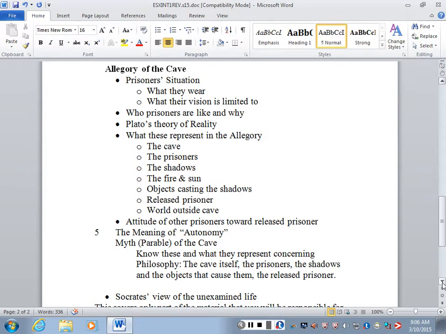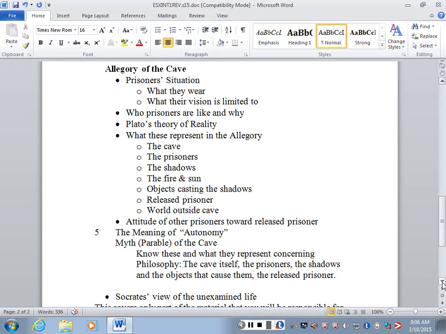That's what they've been acquainted with all their lives, which is basically the panoply of shadows on the back wall of the cave, because there's a raised walkway behind them and a fire behind people who are walking, carrying various things. So their vision is limited to the shadows on the back of the cave.